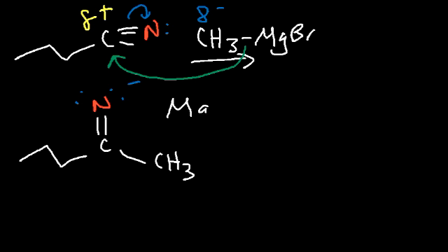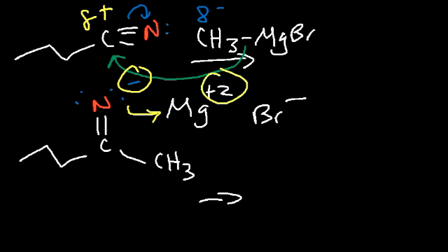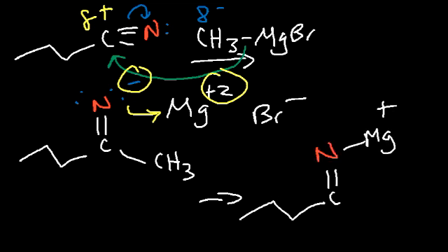Now magnesium has a +2 charge, and bromide has a -1 charge. So therefore we can form an ionic bond. When this lone pair combines with the magnesium, if you add the 2 charges, -1 and +2, you're going to get +1. So right now the magnesium has a +1 charge.